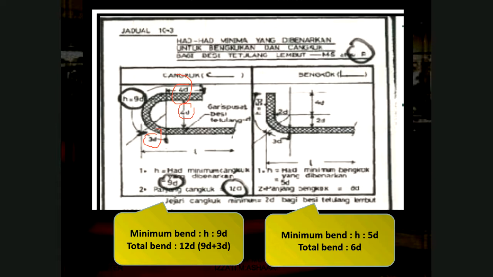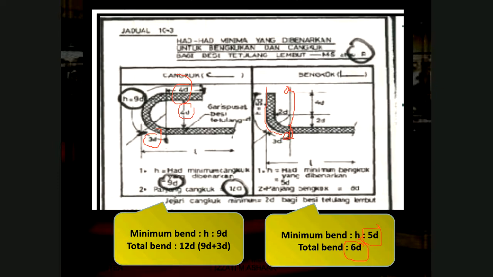This is actually very common, and you have seen this one in the landing beam. Okay, the total band for this one can be minimum of 5D and can be the maximum of 6D. Okay, and if you are given the scale, then you have to scale from this length to this length and deduct concrete cover at the bottom and concrete cover on the top.